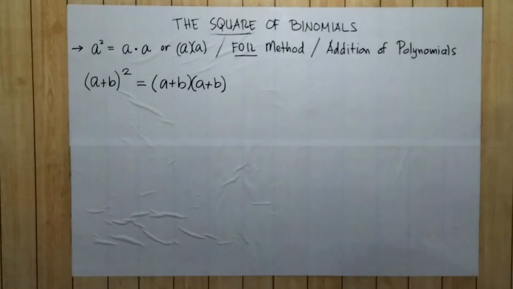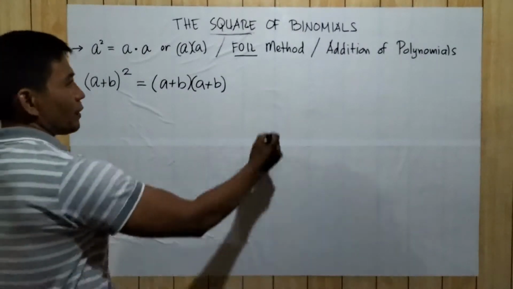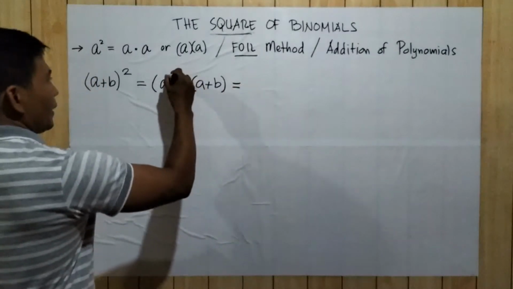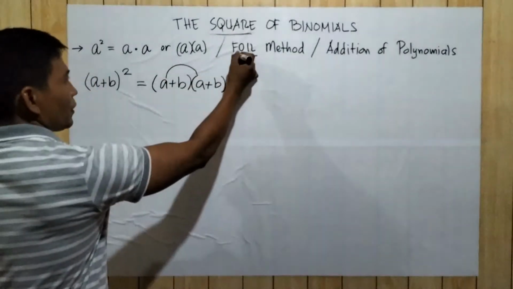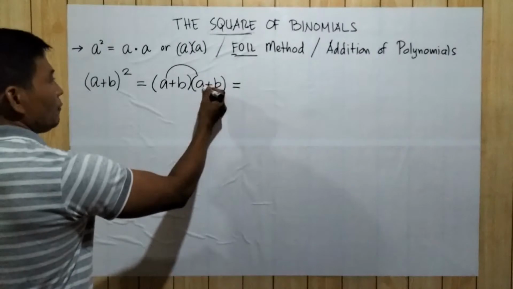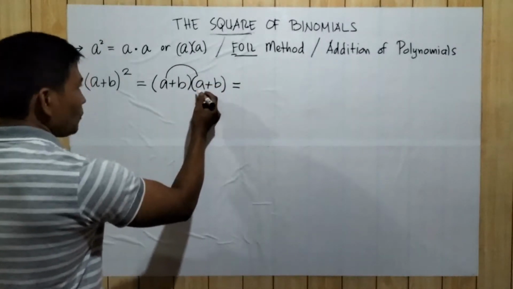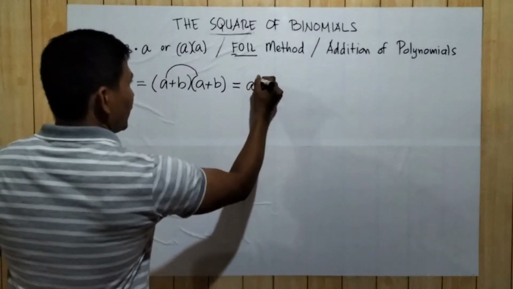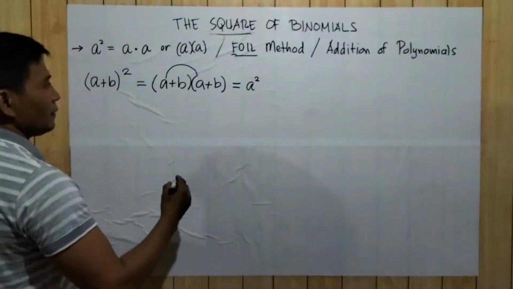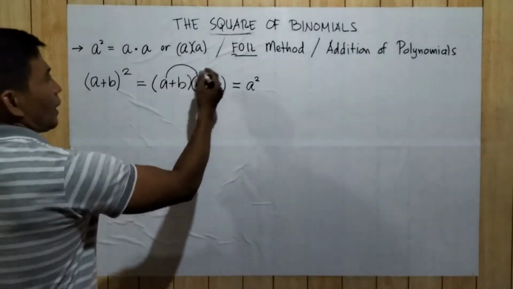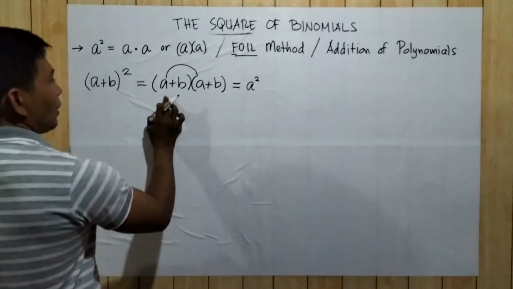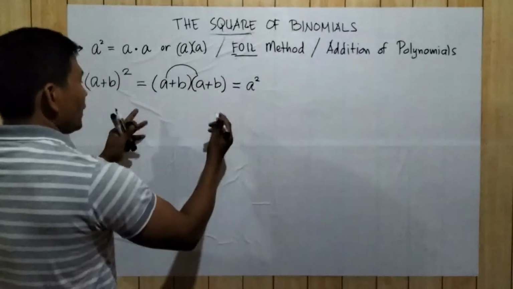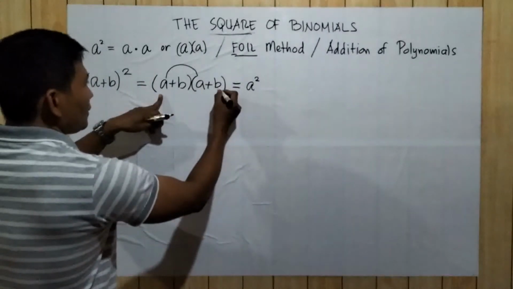Okay, yan po. Then, using FOIL method, we proceed like a times a, which is first terms muna, product ng first terms, a times a, or positive a times positive a is a squared. Next, outer terms. Outer terms ng kabuuan ng product ng binomial na to ay a at b.